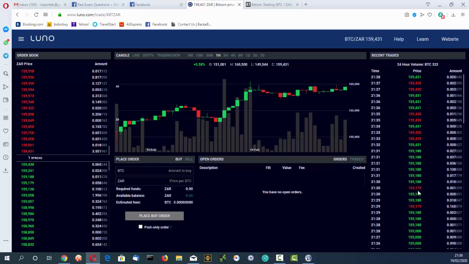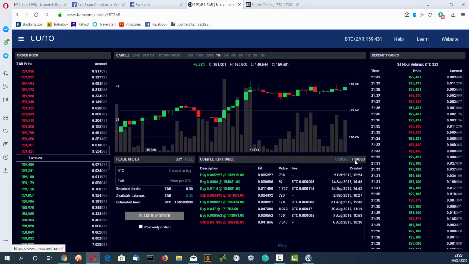This is not all, but these are the few they can show. The 24 hours volume means Luno has traded 323 Bitcoin today. The open orders show the orders that are still pending and have not been executed.